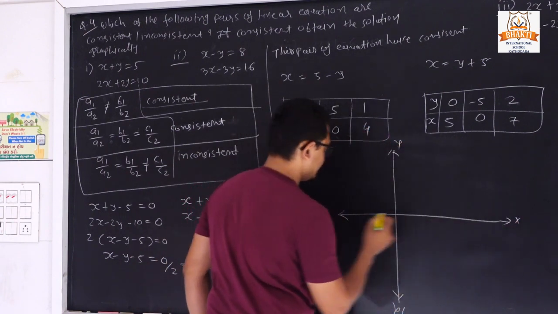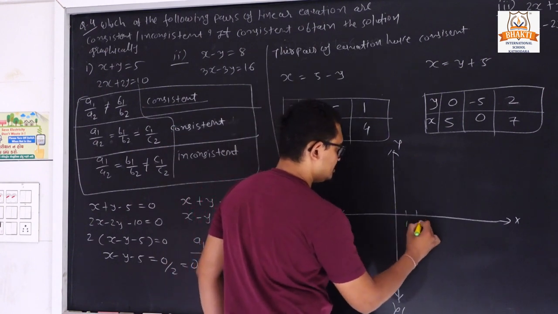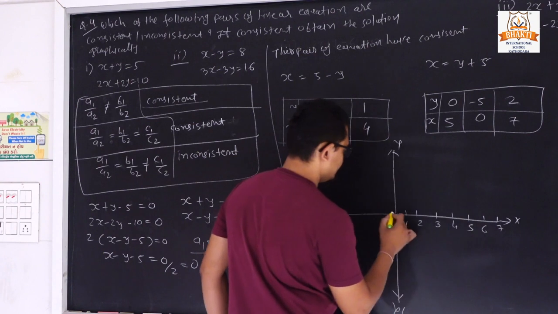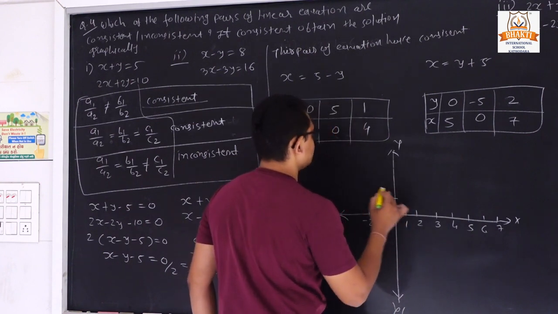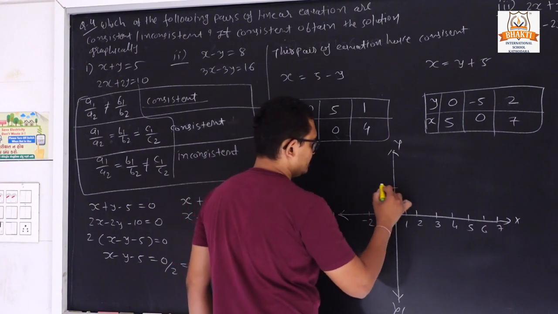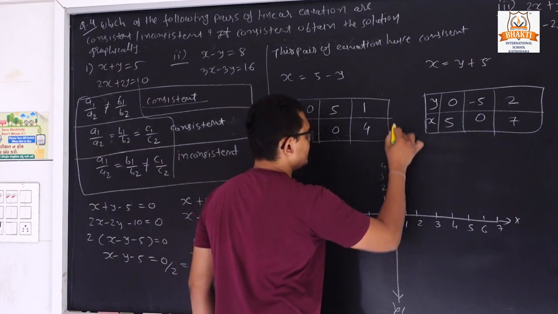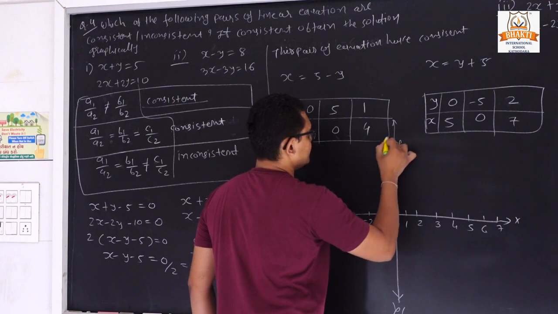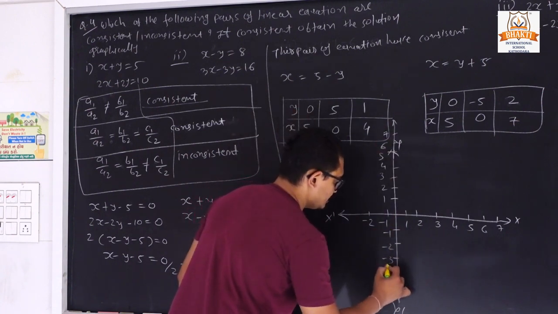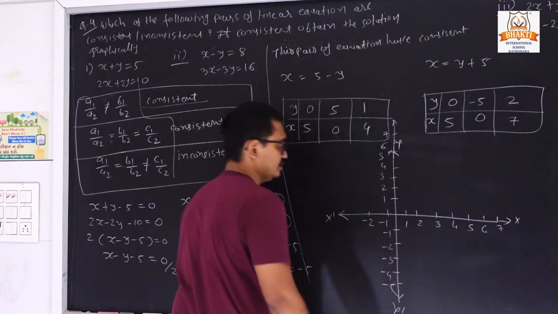y dash, x dash, 1 2 3 4 5 6 and 7, minus 1 minus 2, then 1 2 3 4 5 6 and 7, minus 1 minus 2 minus 3 minus 4 minus 5.